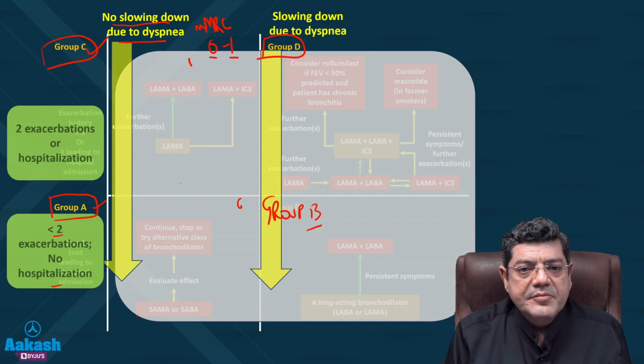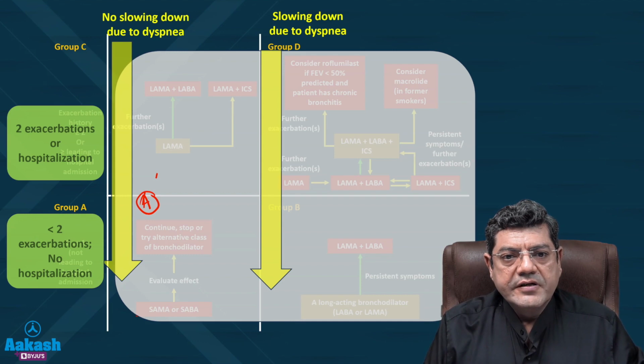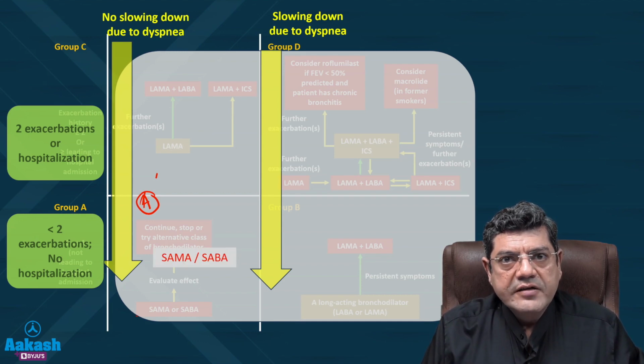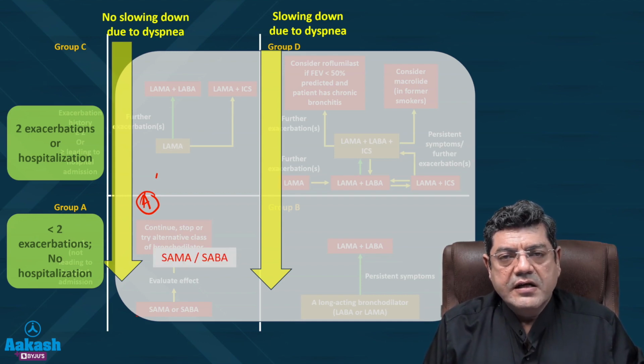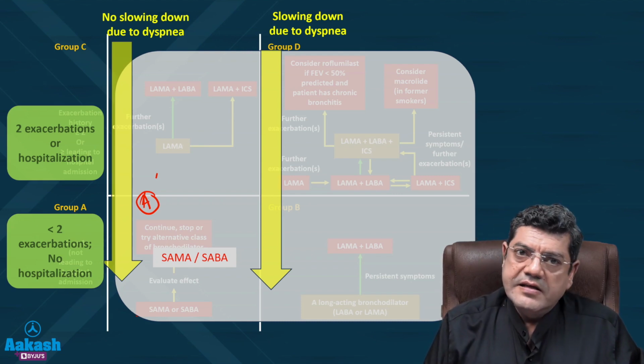It's stepwise therapy, right? To sum that up, group A patients are those who are low risk and low dyspnea. These patients will be treated with short-acting muscarinic antagonist and short-acting beta agonist inhaled therapy as required.